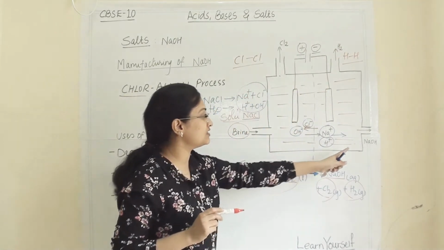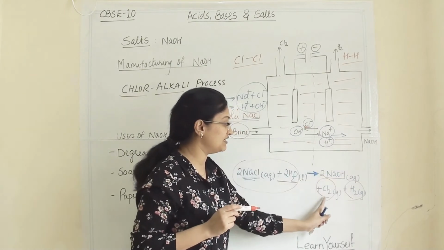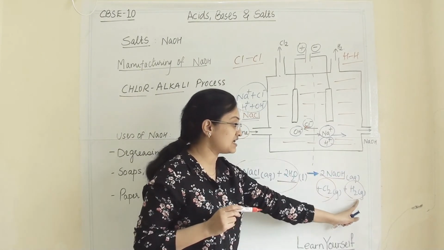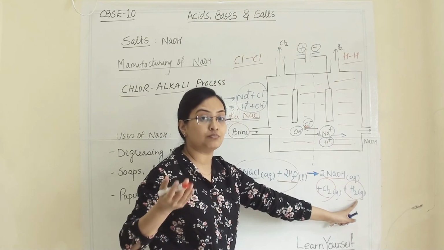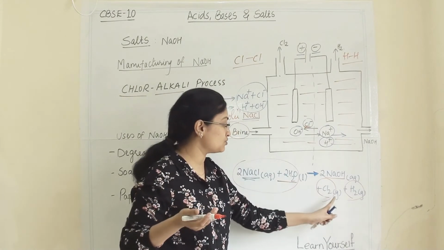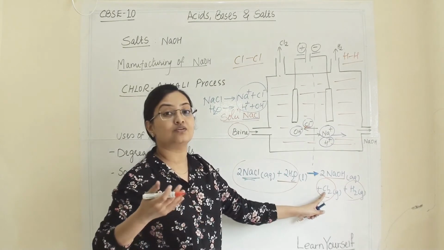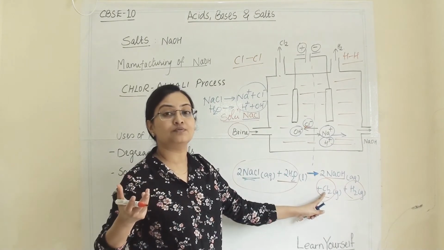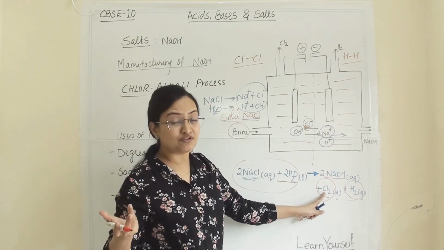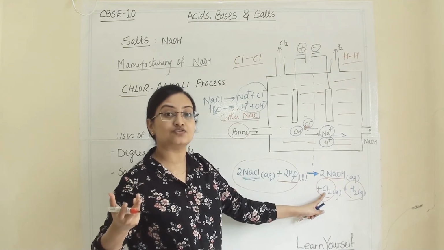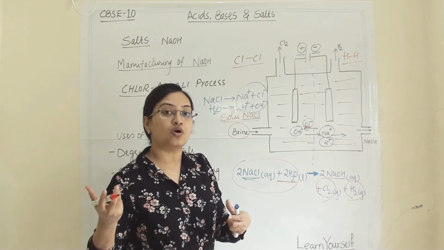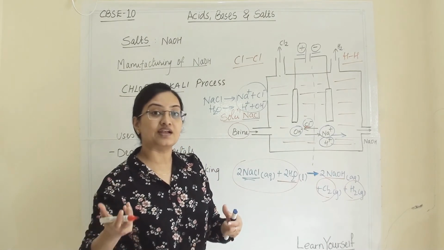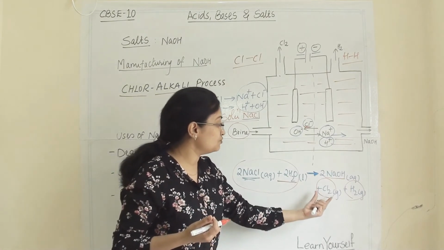So along with our sodium hydroxide we will get two products. This hydrogen gas we can also use in some important manufacturing processes, and chlorine gas we can also use in some manufacturing processes, as well as to sterilize swimming pool water and to chlorinate drinking water.